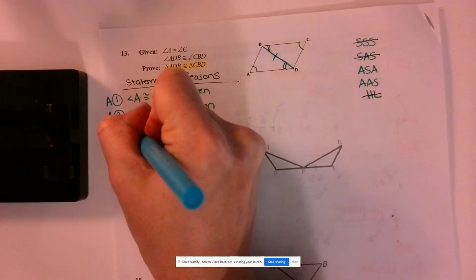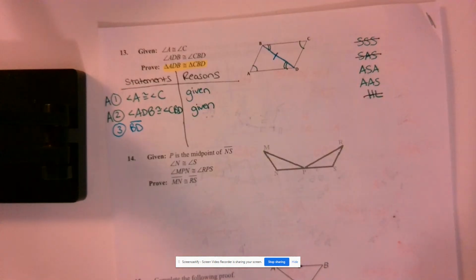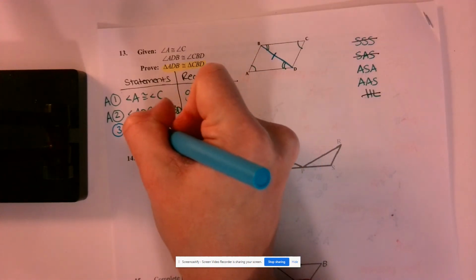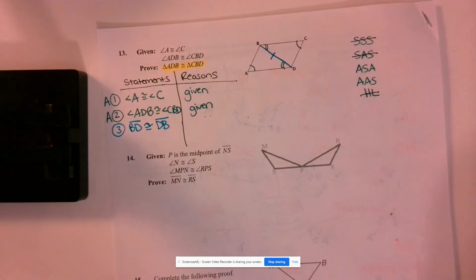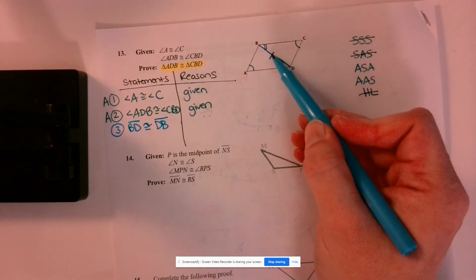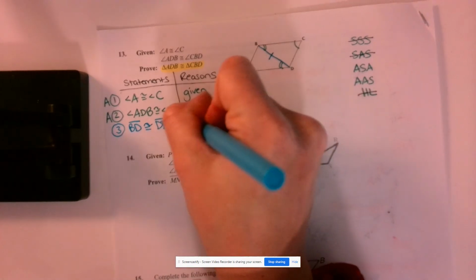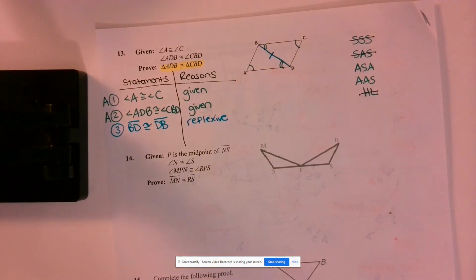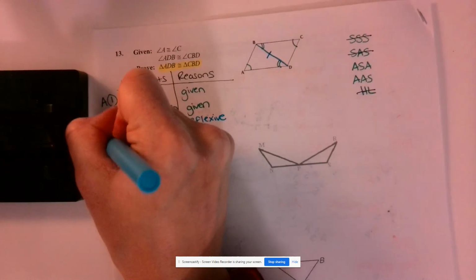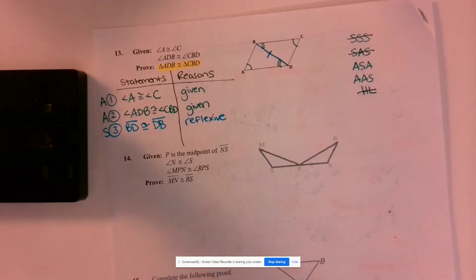So line segment BD is congruent to line segment DB. And now that property that says a line segment is congruent to itself is the reflexive property. That got us one pair of congruent sides.